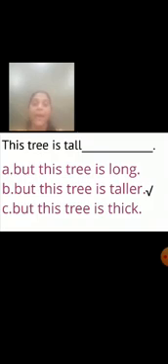We are doing the comparison between two similar things, so we just add ER to the adjective. This tree is tall, but this tree is taller. How will you read the full sentence? This tree is tall, but this tree is taller. Let's see the next sentence.